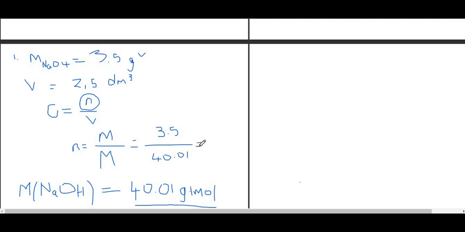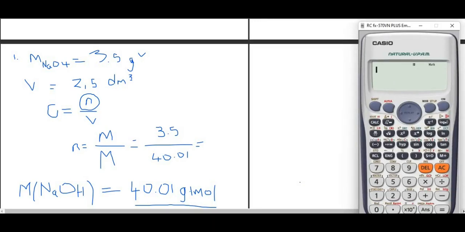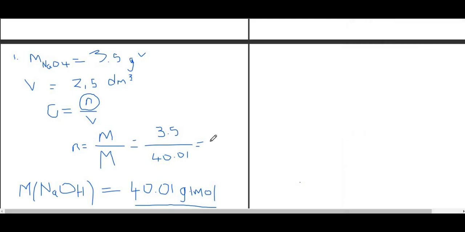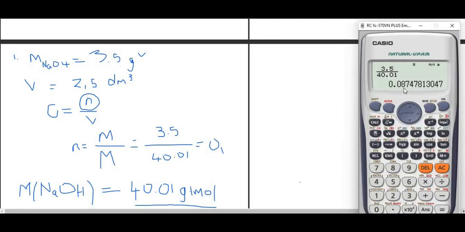It's just a matter of putting this in your calculator: 3.5 divided by 40.01. Then you convert it to a decimal. You can write it to maybe 4 decimal places.